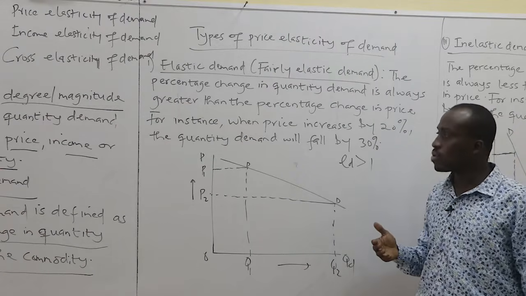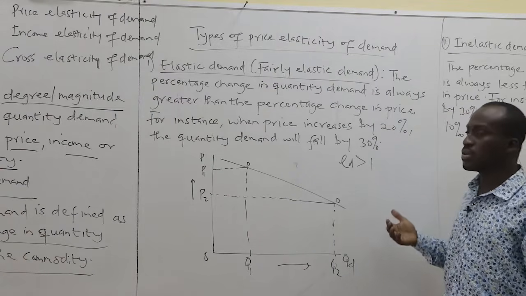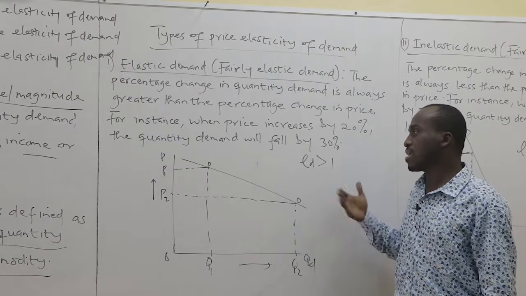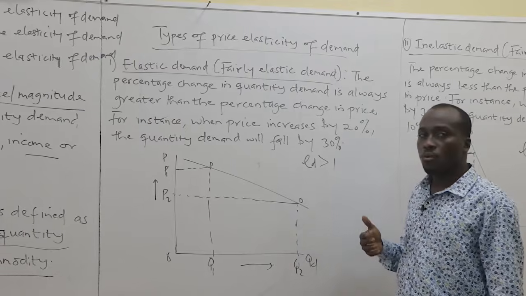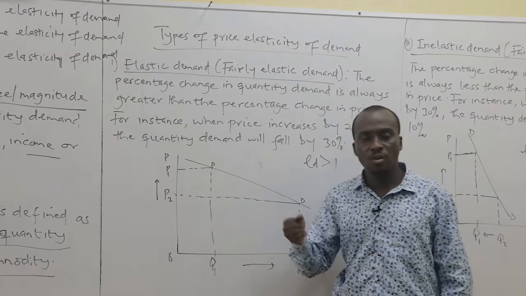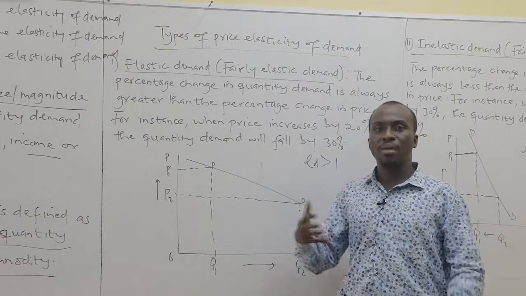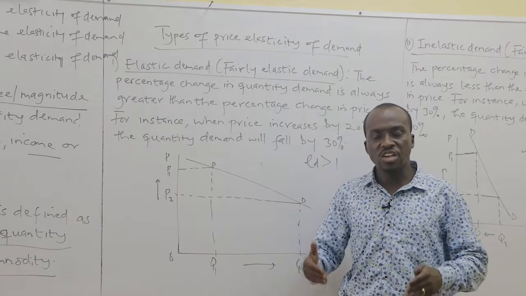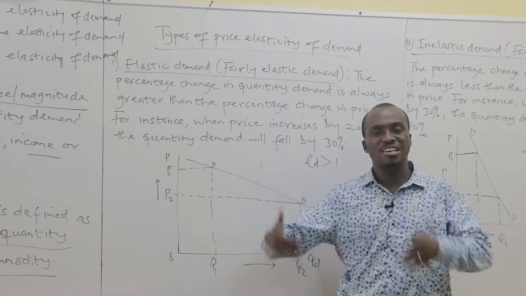For example, when price increases by 20%, the quantity demanded will fall by maybe 30%. When a commodity has elastic demand, it means that anytime price changes, the change in quantity demanded is always greater than the change in price.